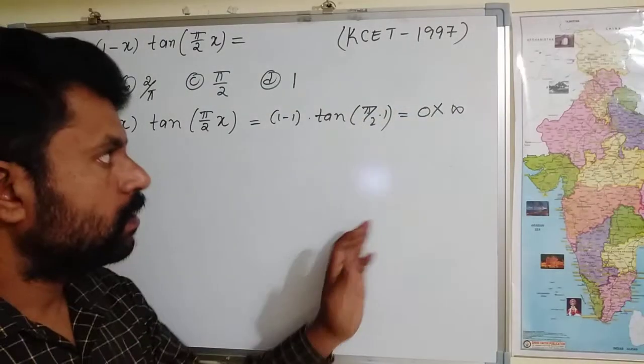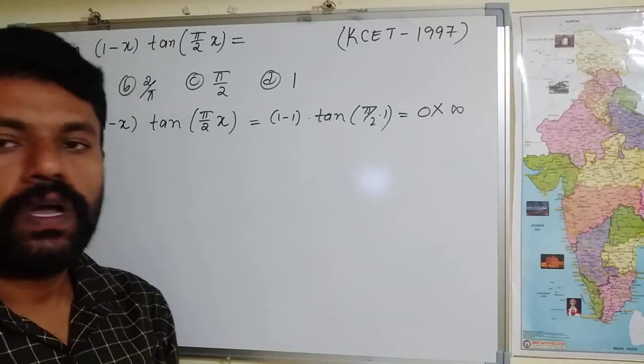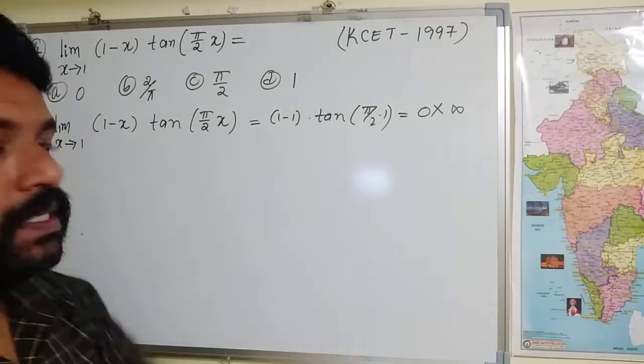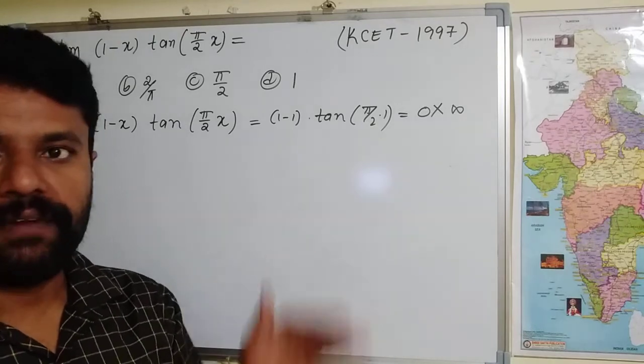Suppose we get in this form 0 into infinity or infinity into 0 or infinity into infinity form results. See, this type of results we convert into 0 by 0 form or infinity by infinity form.